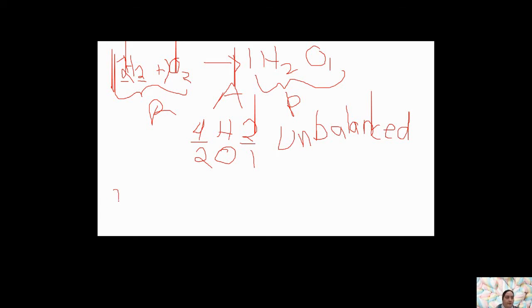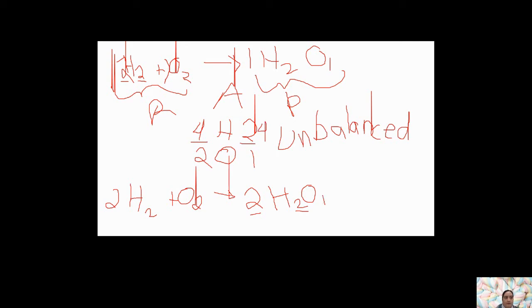So what if I have this equation? I have 2H2 plus O2, so the same reactants. But now what if I say that that gave me 2H2O? So now I'm looking at the product side again. And for hydrogen, we have 2 times 2 is 4.